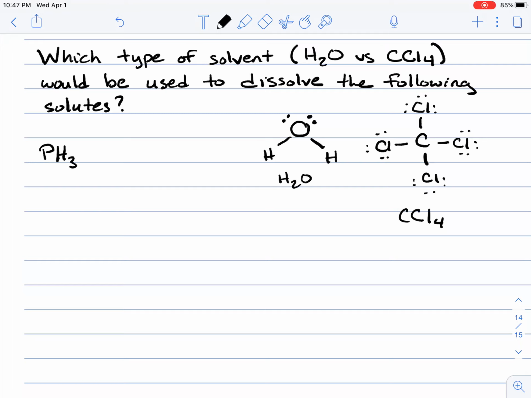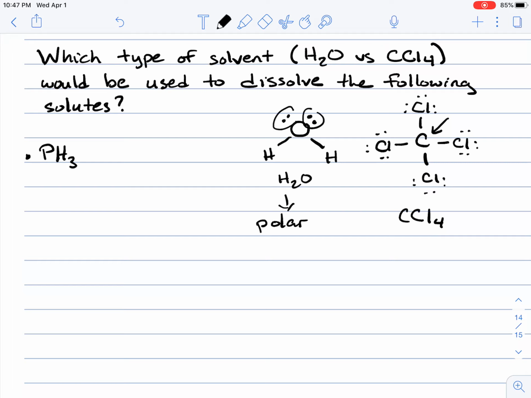And so for us to determine if this solute, PH3, is going to dissolve in water or CCl4, we need to understand the polarity of each of these molecules. And so since the central atom of water, which is oxygen, contains lone pairs, automatically water is going to be polar in character. If we look at CCl4, notice all of the surrounding atoms are symmetrical. They're all chlorines.